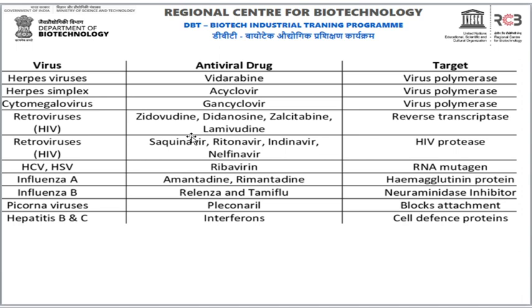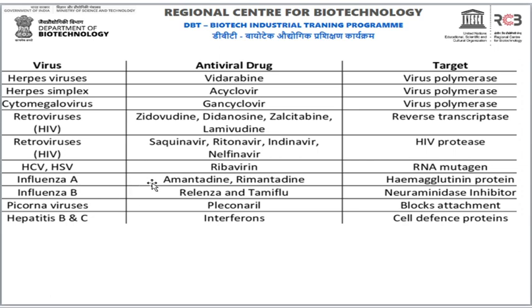And next is retrovirus. Retroviral drugs are classified into two types based on the target. Zidovudine and lamivudine target the reverse transcriptase enzyme, and saquinavir, nelfinavir, indinavir and ritonavir, the navirs, target the HIV protease enzyme. Next is influenza A virus.